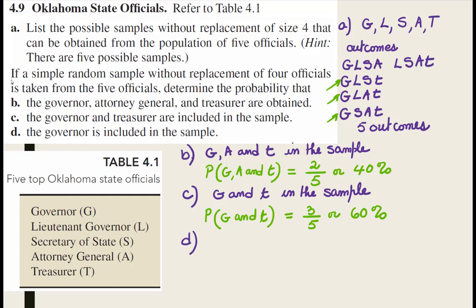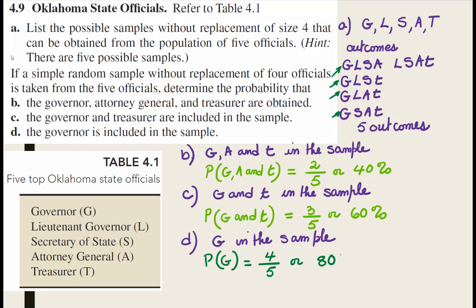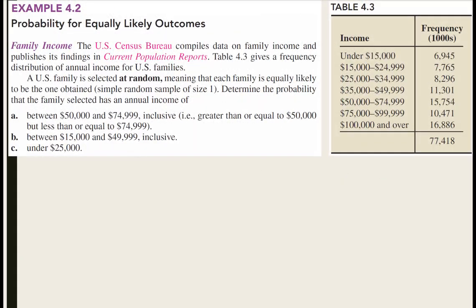Now, the probability that the governor is included, P of G, will be 1, 2, 3, 4. So it's going to be 4 out of 5, or 80%.